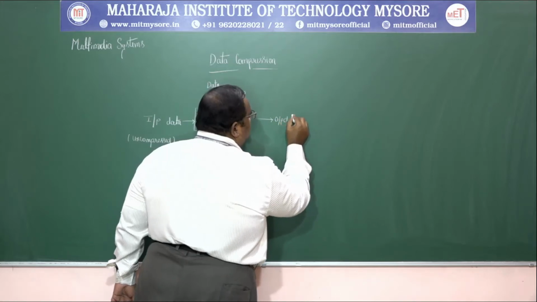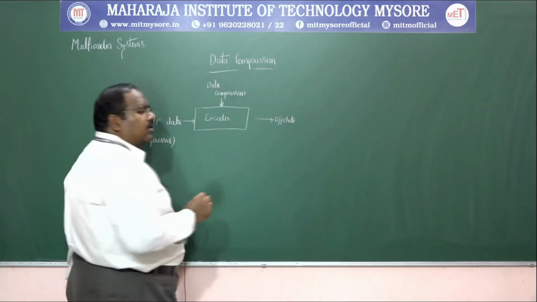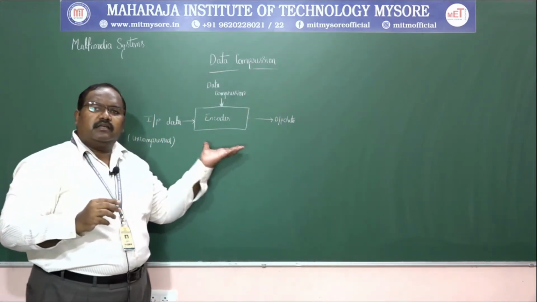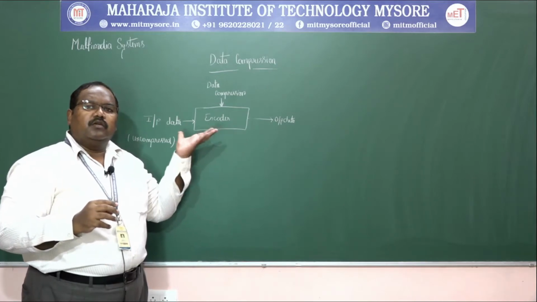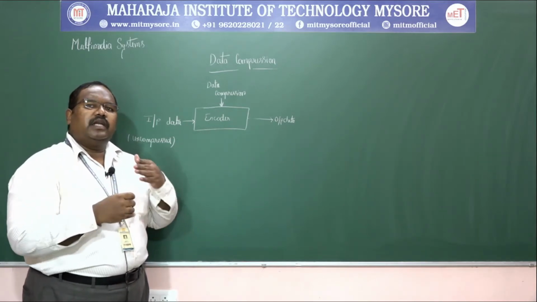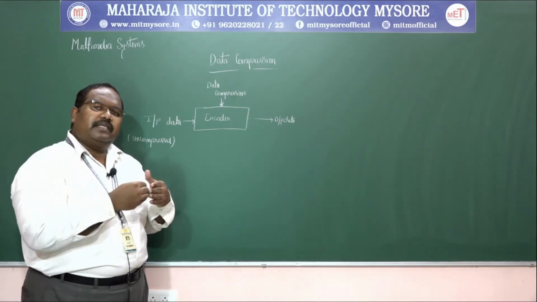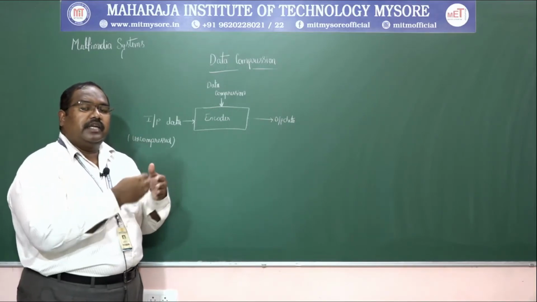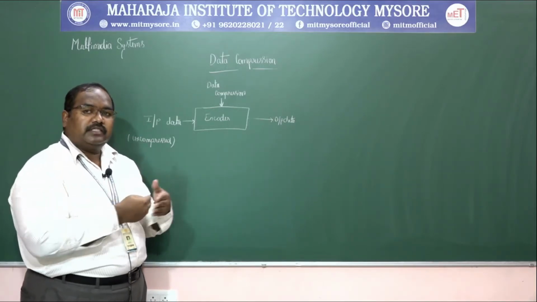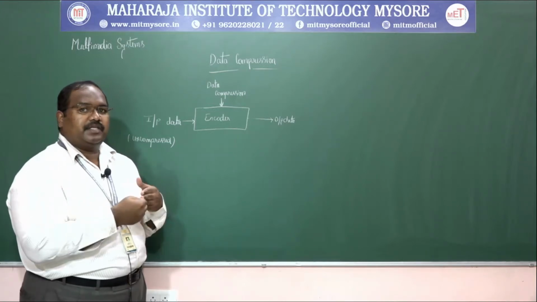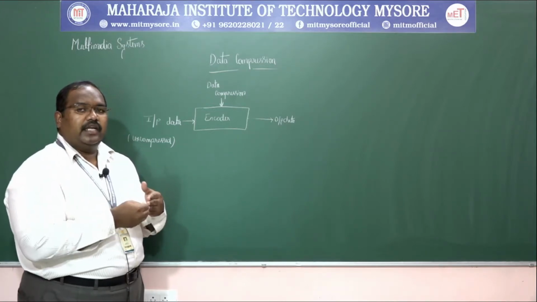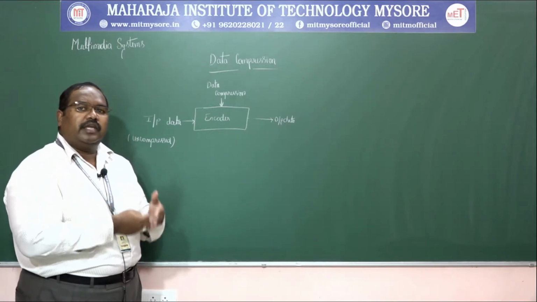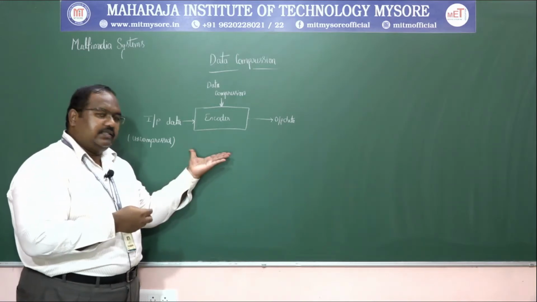We get the output data here. This is not the complete cycle of processing, because we have two things. One, the data will be compressed and sent. This is one phase, and at the receiving end, the inverse of compression, that is decompression, has to be done in order to gain the original data. This is phase one.